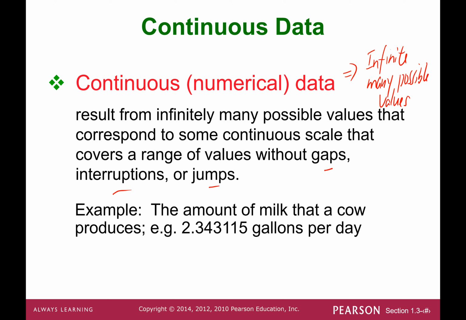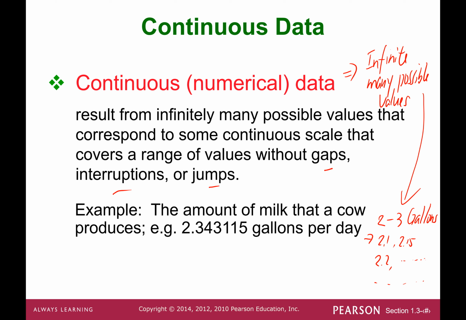So the amount of milk that a cow produces, for example, 2.343115 gallons per day. A cow could produce 2 to 3 gallons of milk on a given day, so anything between 2 and 3 is possible. It could be 2.1, 2.15 gallons, 2.2. So you have infinitely many values available here. That's what they mean by infinitely many possible values.